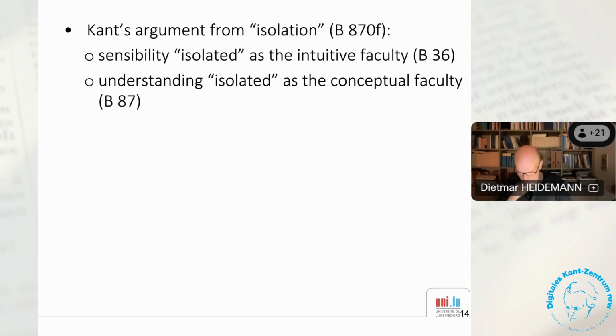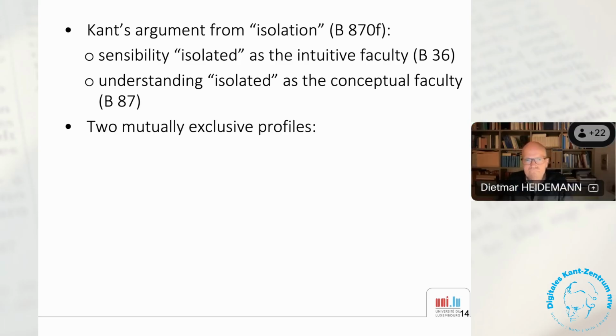Kant says, let's see whether we can isolate reason as an independent faculty. He uses the same word, isolieren. And the outcome is, no, we can't. Reason itself cannot be isolated as an independent faculty. It's the faculty of principles and so on, but it's not an independent faculty from which, independent of sensible intuition, we can arrive at contentful, justified, objective propositions about the world, so synthetic propositions a priori, independent of intuition.